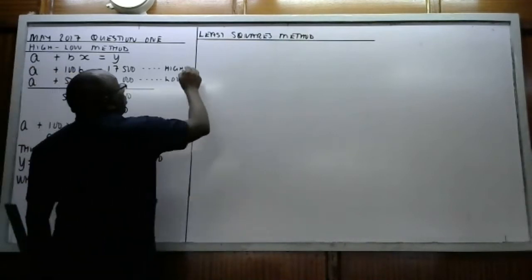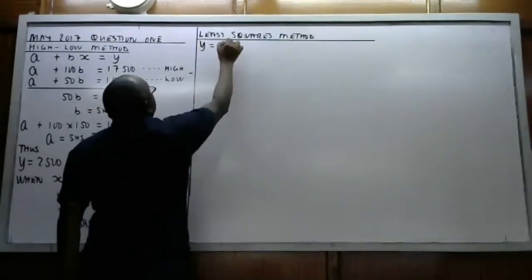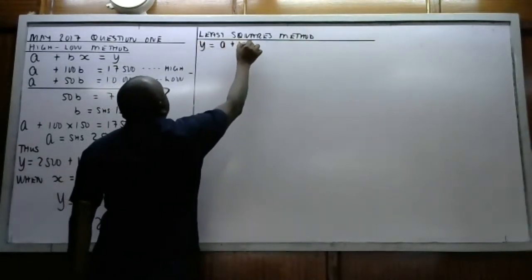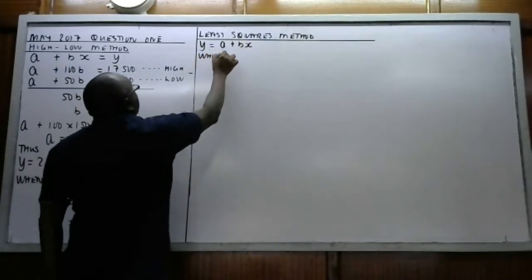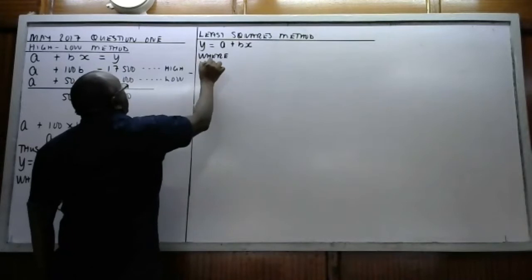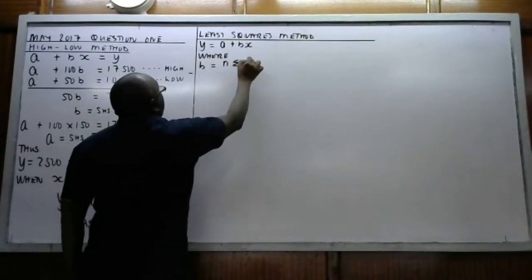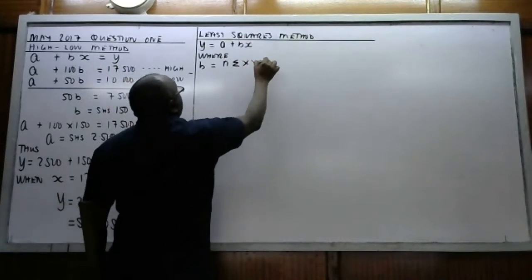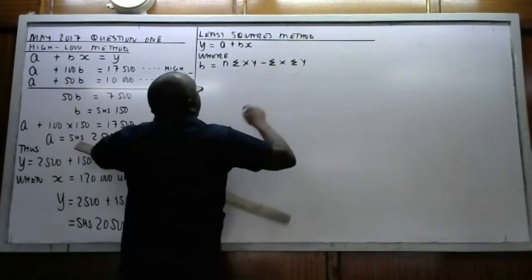So this one, we say y is equal to a plus bx, where b is equal to n sum of xy minus sum of x sum of y.